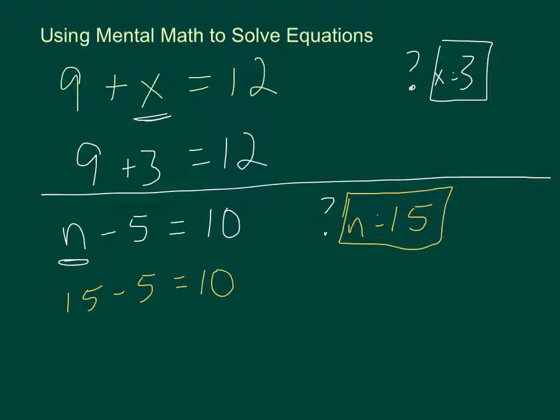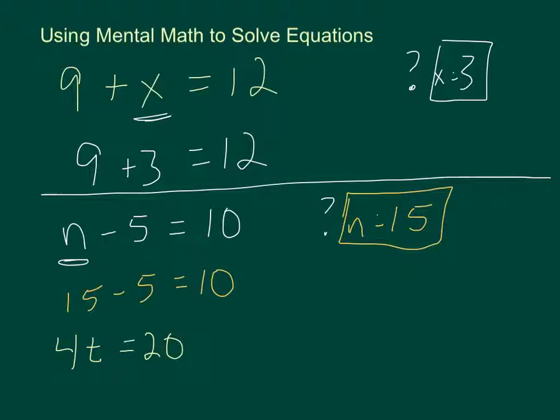All right, let's look at one more. Let's look at 4t equals 20. If you remember with variables, if you write a number directly next to a variable, that means multiplication. So it's really 4 times t equals 20.